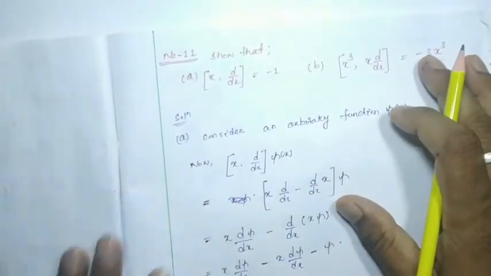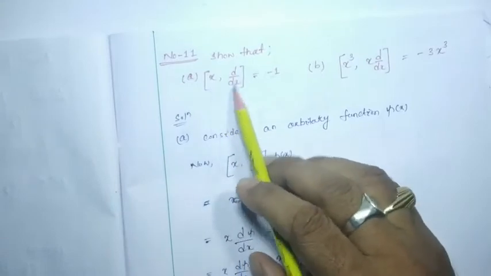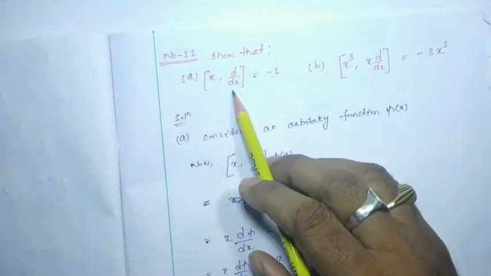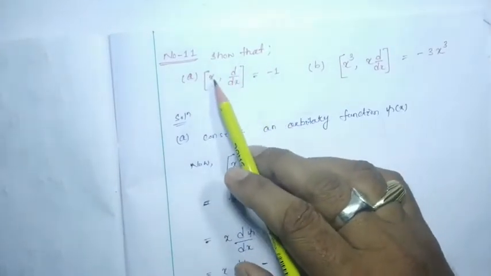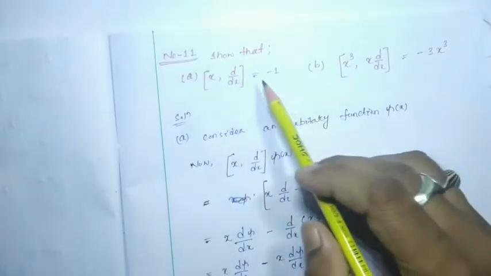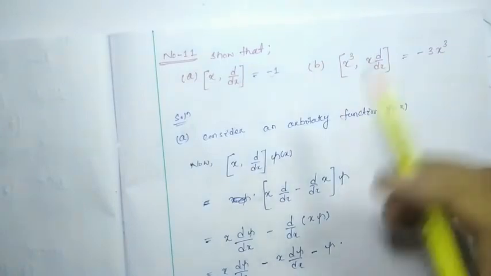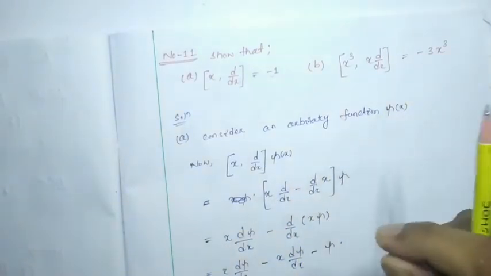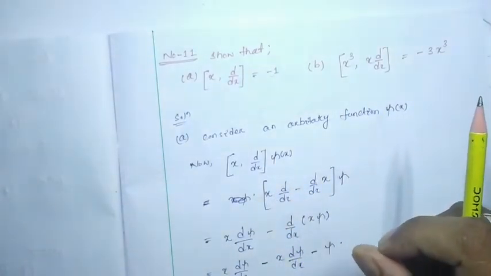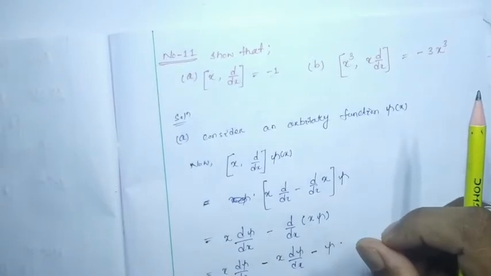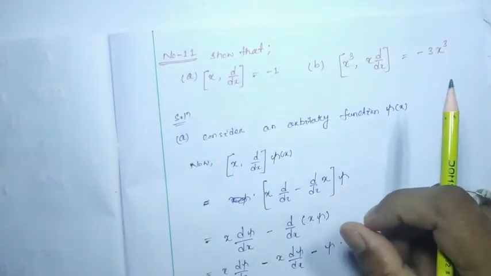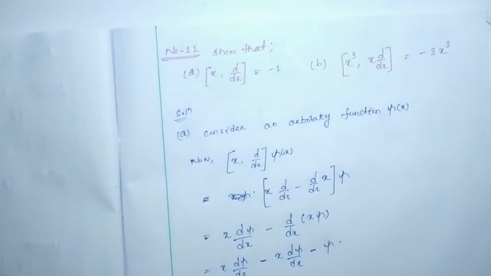Now the second question is that the commutation of x and d/dx will be equal to -1. As we considered to find the commutation of components of position and momentum in our last class, we considered an arbitrary function.